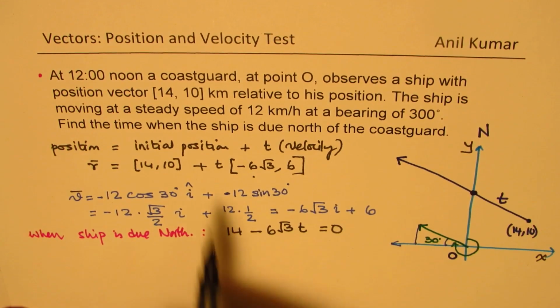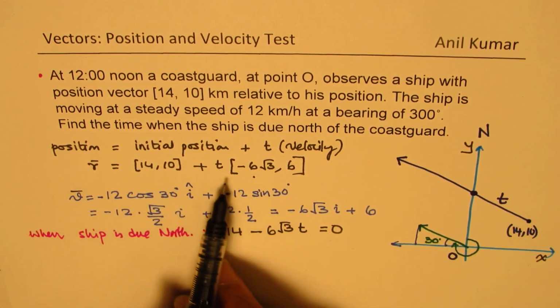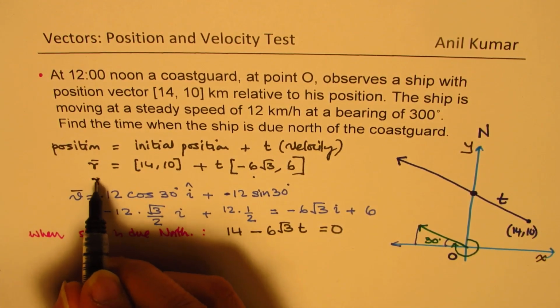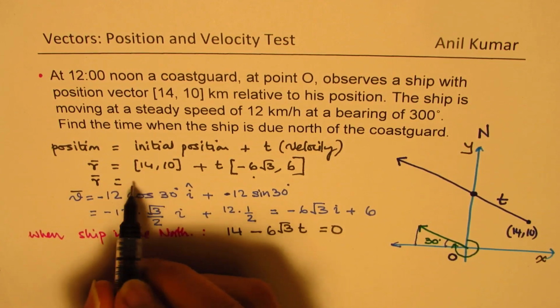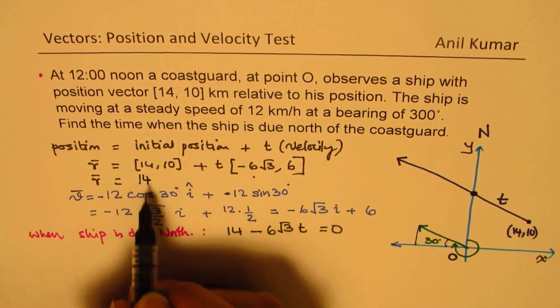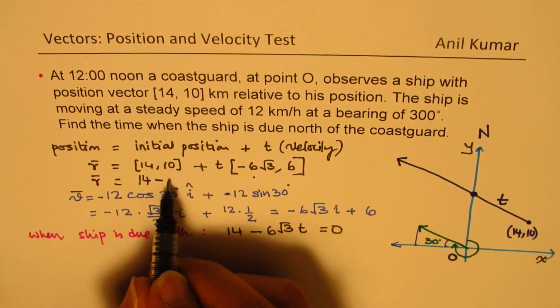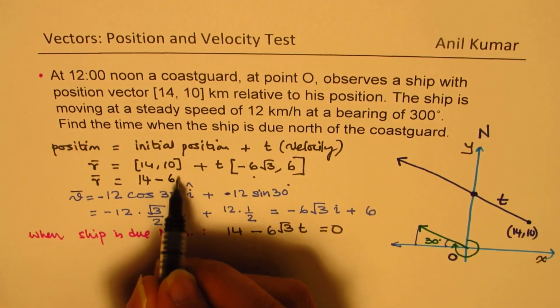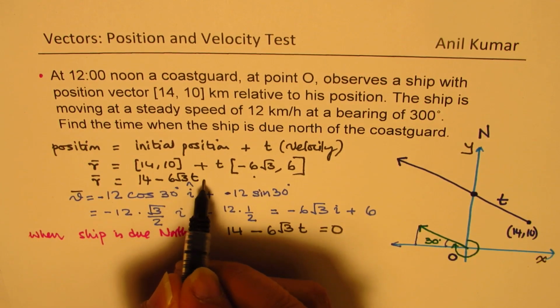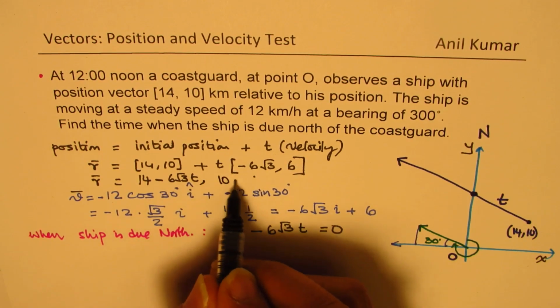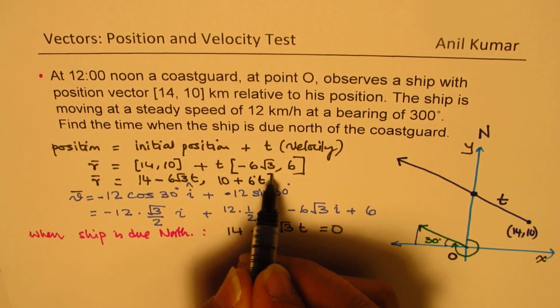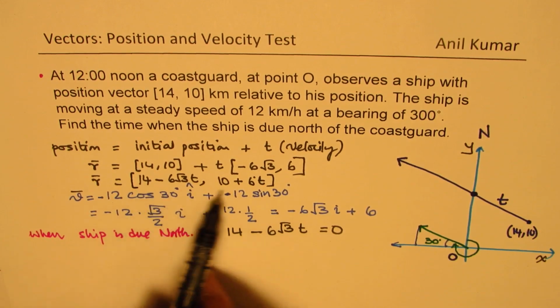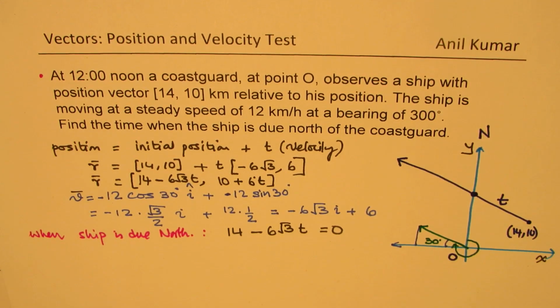Do you see that? Because the position, I could actually write r also like this: 14 minus 6 square root 3 t, comma, 10 plus 6t. So that is the vector, correct? So that should be 0.